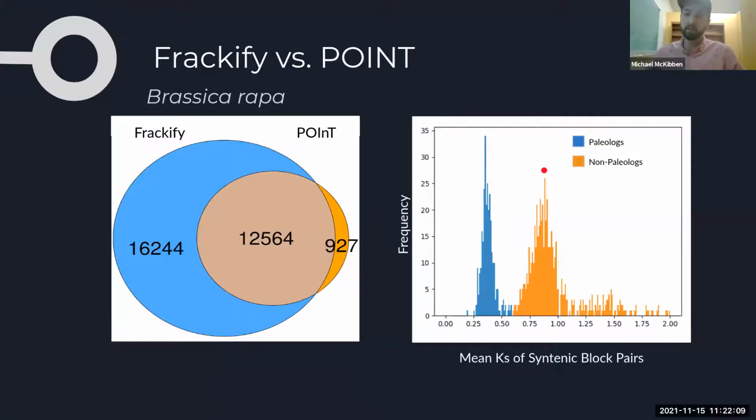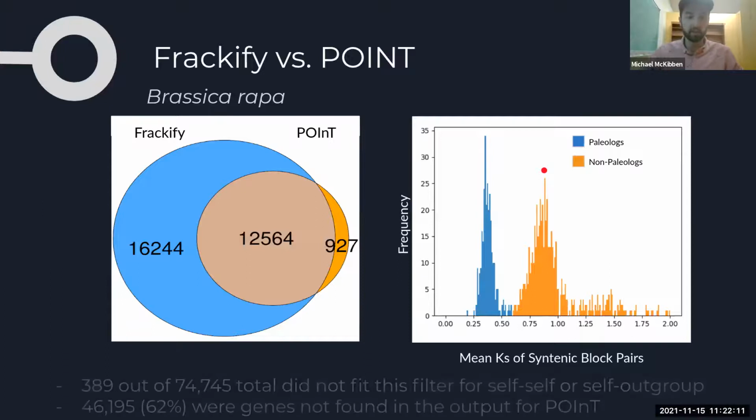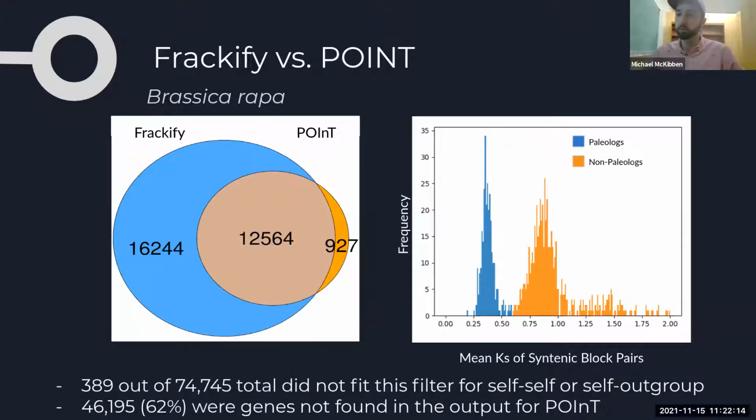I also compared to the outgroup using a similar method, and across the 75,000 additional Paleologs that Frackify identified compared to POInT, only 489 did not meet this filtering criteria. Similarly, 62% of these additional genes identified by Frackify were not found in the output of POInT at all. And so putatively, the majority of these additional Paleologs Frackify identified likely came from regions of the genome that POInT did not analyze. And that sort of concludes the first part of my talk.